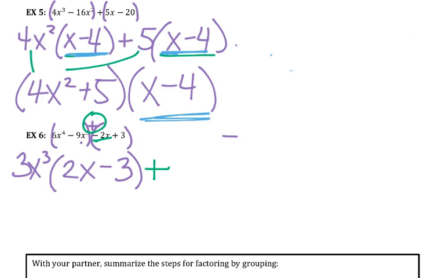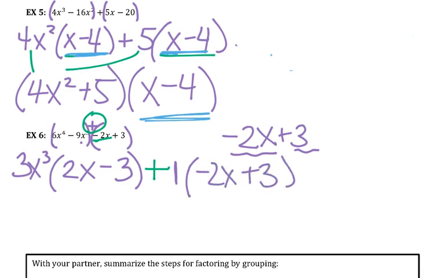Now when we look for a GCF for negative 2x plus 3, the only thing that goes into both negative 2x and 3 is 1. But then, let's say we factored out a 1, you'd be left with negative 2x plus 3. Then our sets of parentheses here don't match.